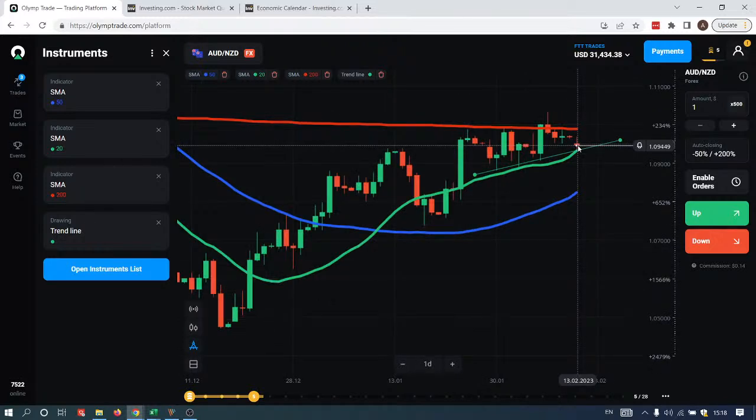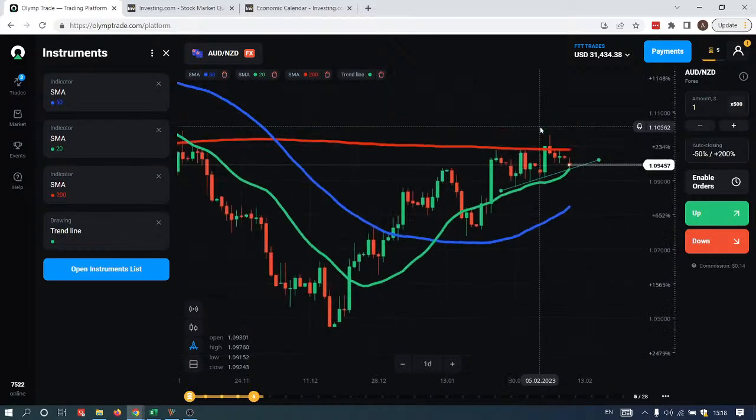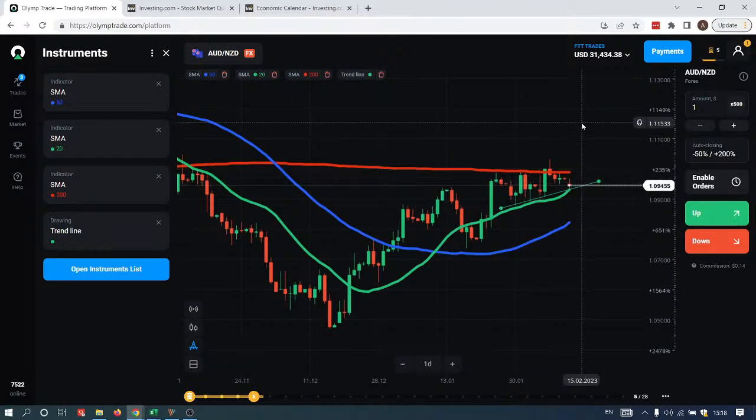Well, it does look like a breakdown, and it does look like this currency pair couldn't break above the 200 SMA line on the daily time frame. So it means that this asset is relatively weak.